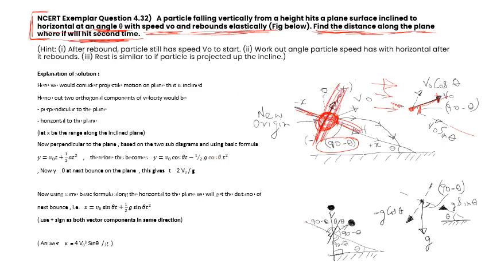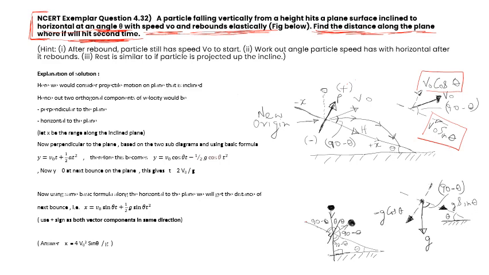So our frames of reference are slightly different than the normal projectile. Horizontal will be V0 sine theta and vertical will be V0 cos theta by simple application of geometry. So we know these two components, vertical with respect to the plane and along the plane.